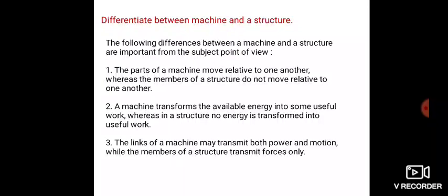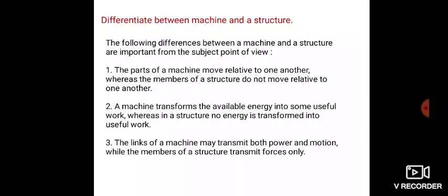First, the parts of a machine move relative to one another, whereas in structure the parts do not move relative to one another. In structure, any relative motion cannot take place, but in machines relative motion takes place.